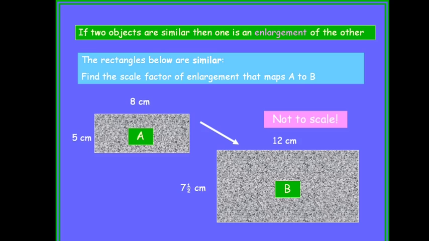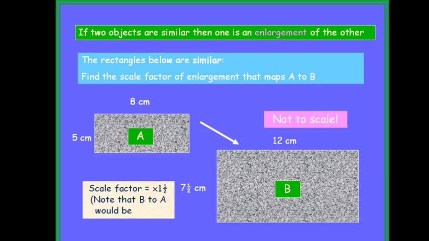On the other hand, it is 12 centimeters in B. And the breadth of rectangle A is 5 centimeters, but it is 7.5 in rectangle B. So we will find out the scale factor. So the scale factor is 1 into 1 by 2 times of A to get B.